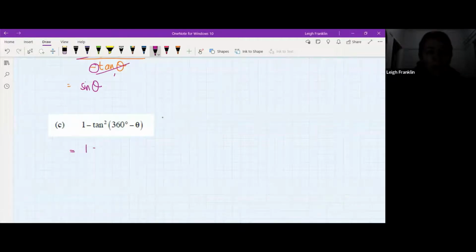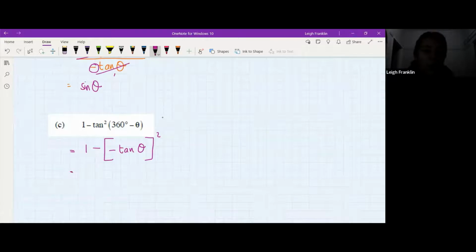We are saying 1 minus, and then we have to work out what the tan of 360 minus theta is. Tan 360 minus theta means we're working in quadrant 4 where tan theta is negative. So this reduces to negative tan theta, and we have to write that, grade 11s, and this is going to be squared.